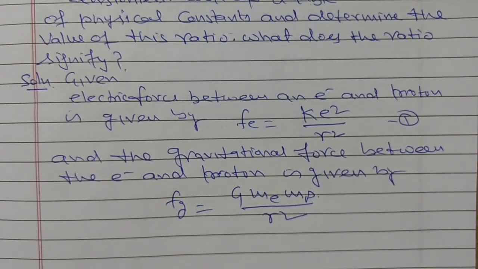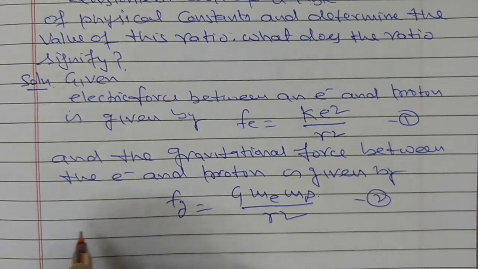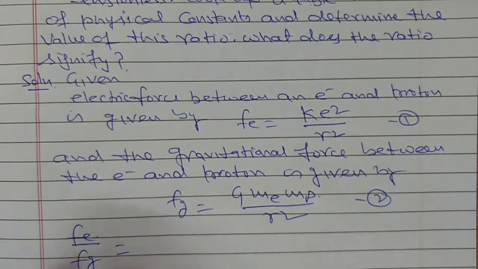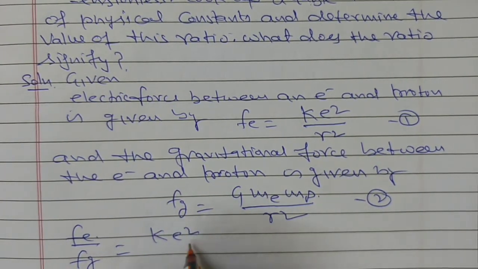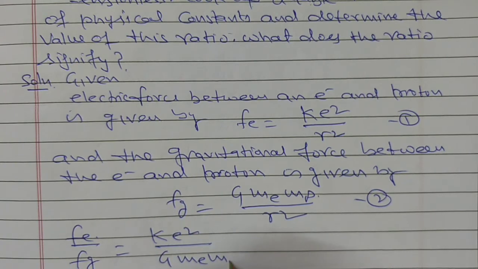This is equation number 2. Now on dividing equation 1 by equation 2, Fe upon Fg is equal to Ke square upon G Me into Mp.